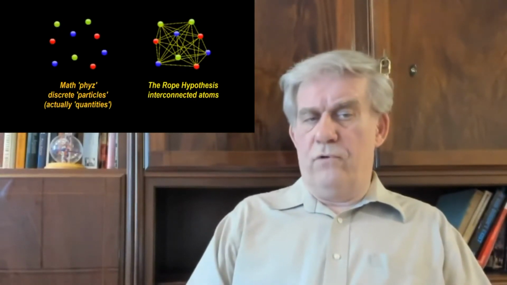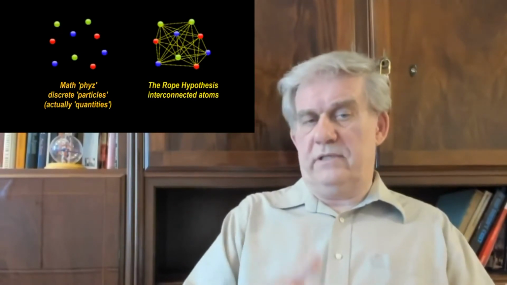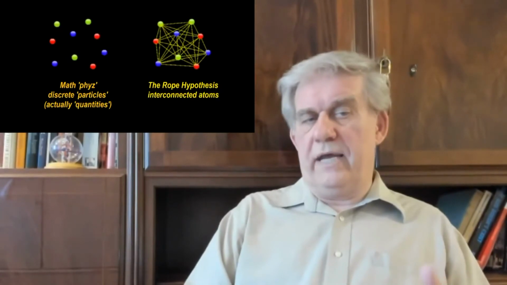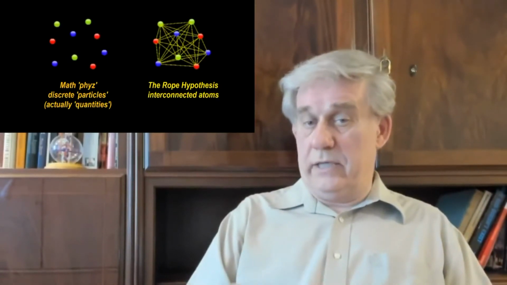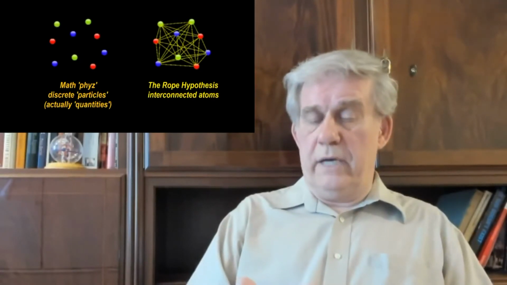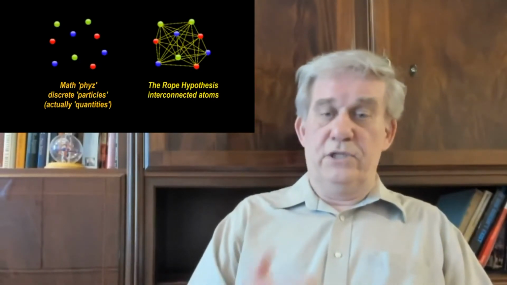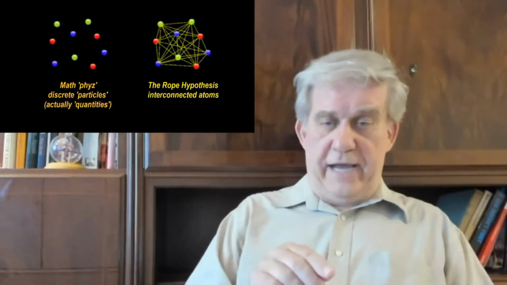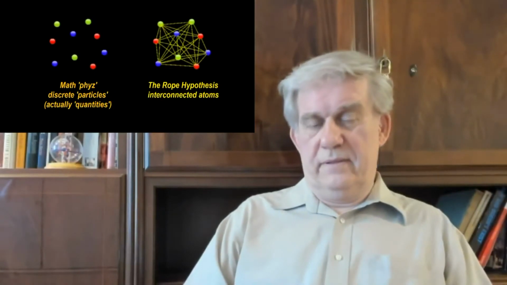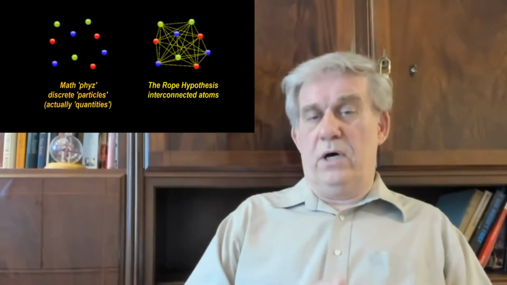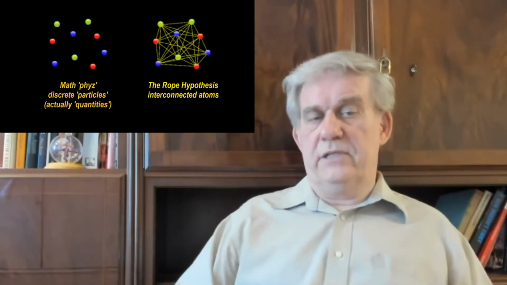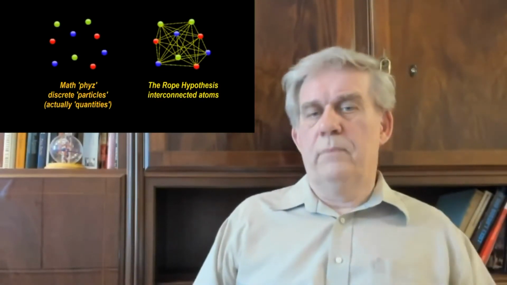So the objection we have against the math phys side is that if you're going to have one of those little balls pull another little ball, you better have some kind of mediator. And if you don't have a physical mediator to put in there, you're in effect tacitly putting in spirits, because there's no way a little ball can influence another ball at a distance without a mediator. And that's essentially where the two proposals differ.